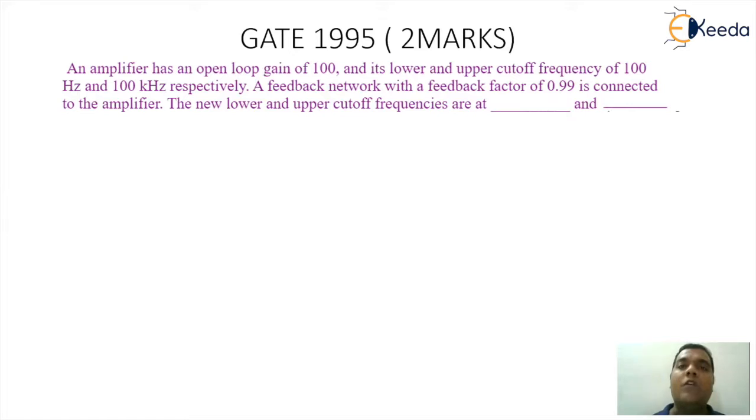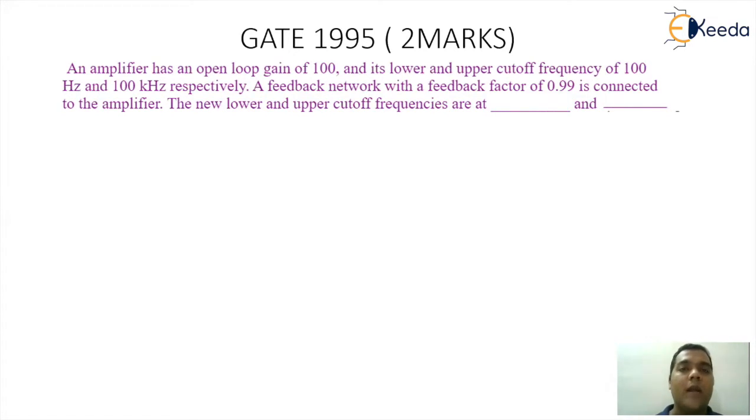So if the bandwidth has to increase, FH, the higher cutoff, will increase and FL, the lower cutoff, will decrease. All of us are aware there is an impact factor of 1 plus gain beta. So the logic is that the lower cutoff will decrease by the factor and the higher cutoff will increase by the factor.